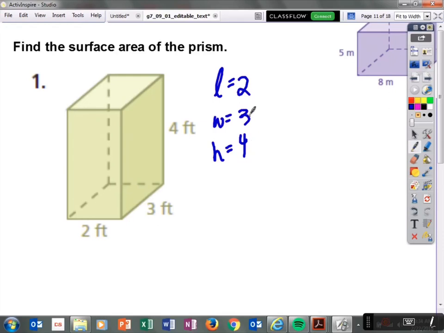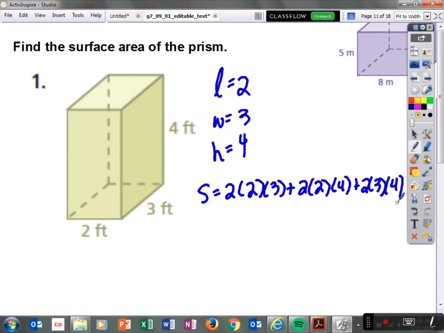So it'll be plus 2 times 3 times the height, which is 4. And we wouldn't do width and length because we technically already have that. And then that's it? Yep. Okay. I got that too. All right. So we should have gotten 2 times 2 times 3 plus 2 times 2 times 4 plus 2 times 3 times 4.